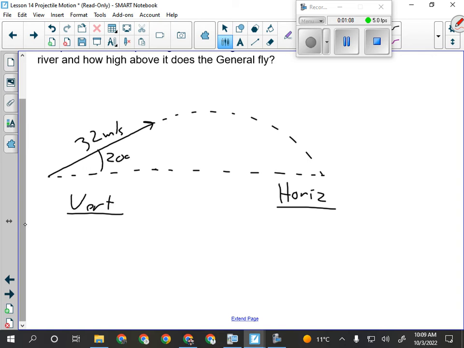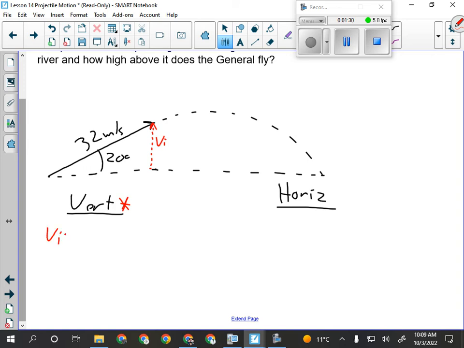One of those things, and I'm going to make the vertical stuff red here, is the initial vertical velocity, or the vertical component at time 0 of the general E's projected velocity. That's going to mean the y component of its projected velocity.